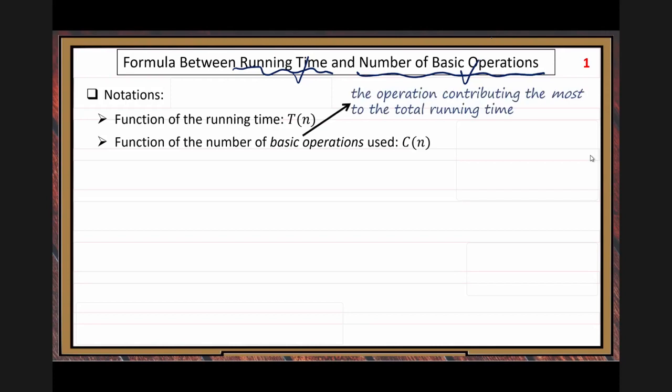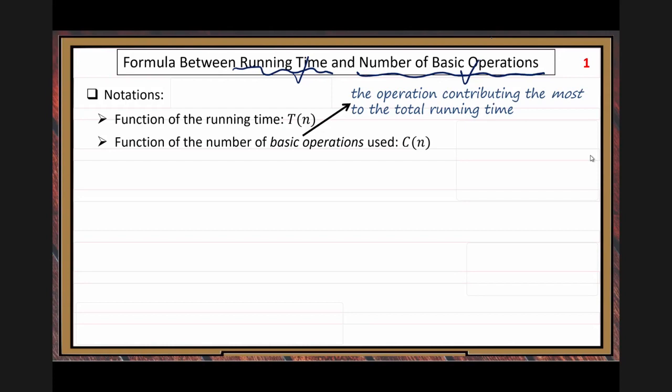So the basic operation, what is the meaning? Last time I mentioned it a little bit. Here, let me give you the meaning of this basic operation: the operation contributing the most to the total running time.